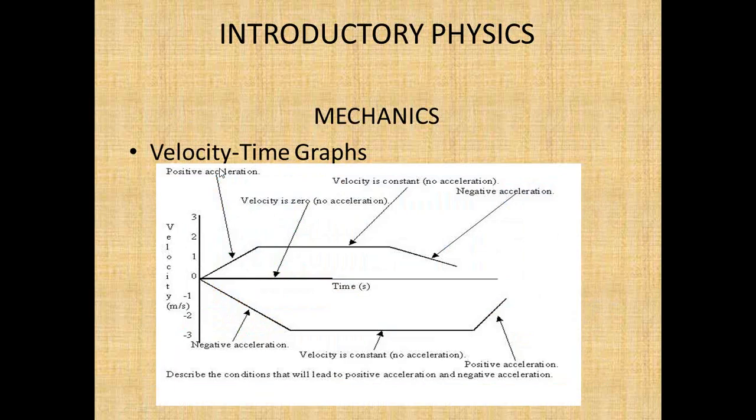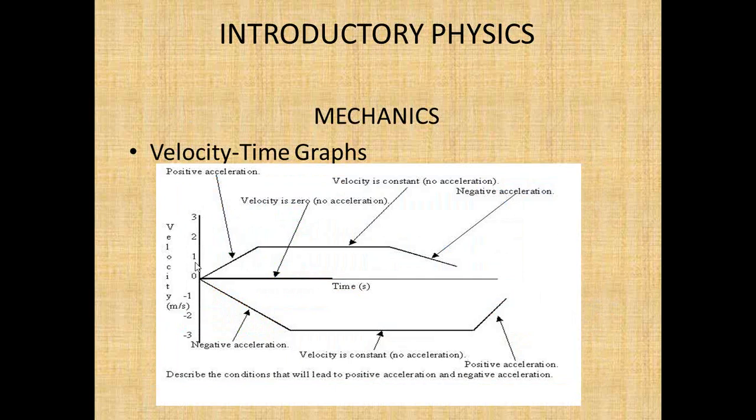You can plot your velocity against time, and you're going to get some graphs. It's important to understand the velocity time graph, just like you did with the position time graph or the displacement time graph. So let's look at these different velocity time graphs.